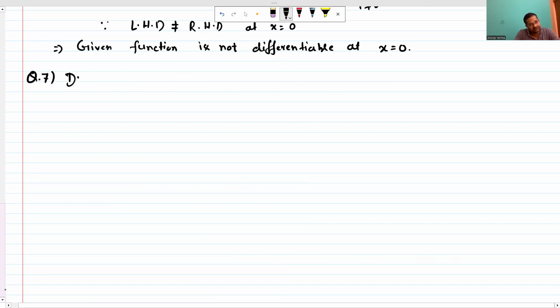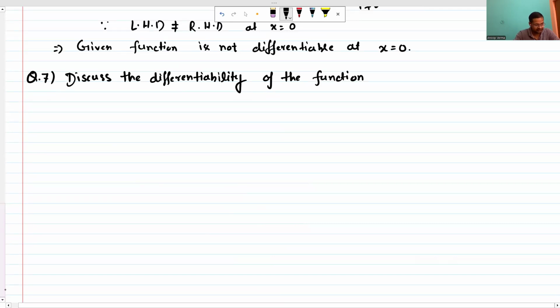Question number 7 is: discuss the differentiability of the function, and that function is f(x) equals mod of x minus 1 plus mod of x minus 2 in the interval 0 comma 3.